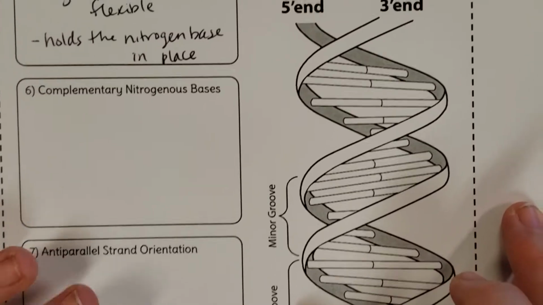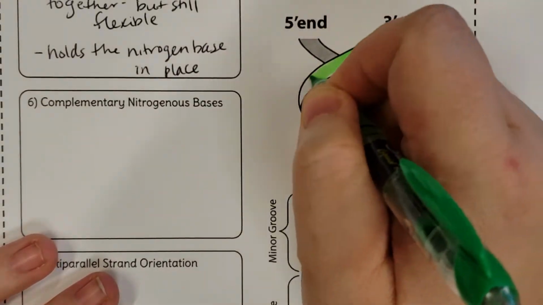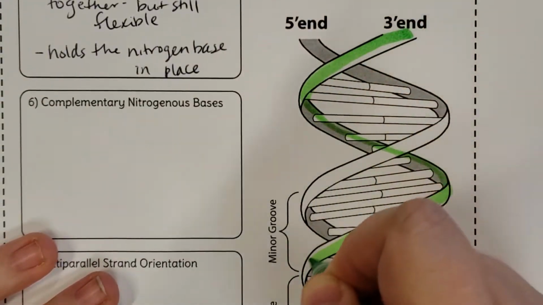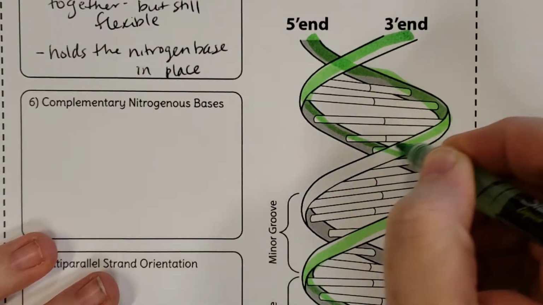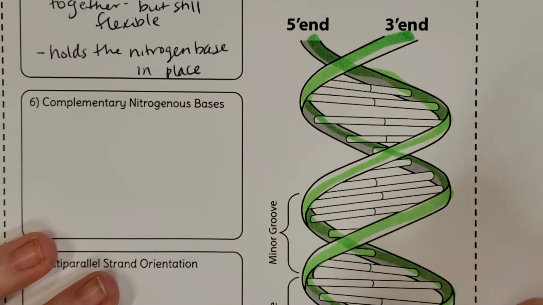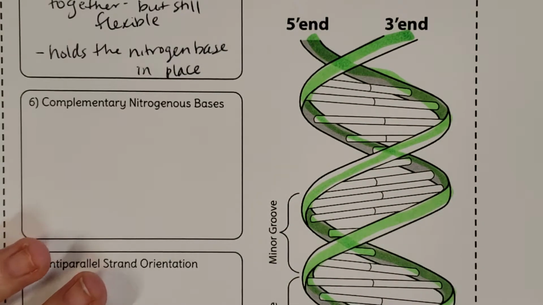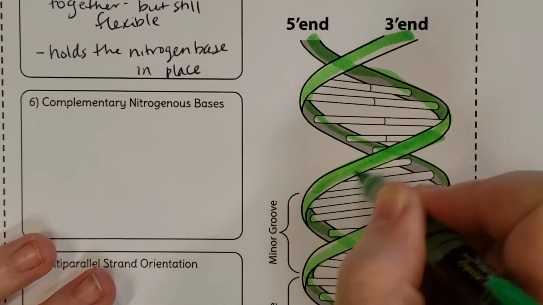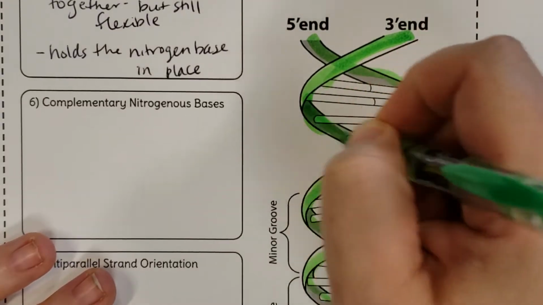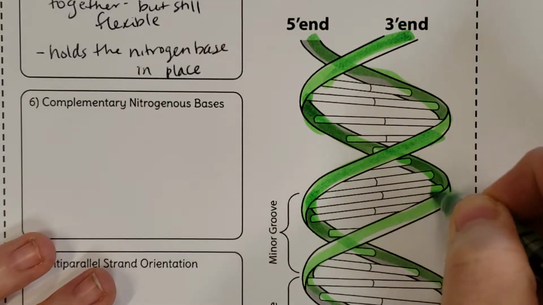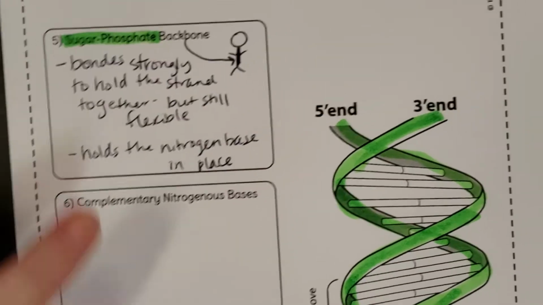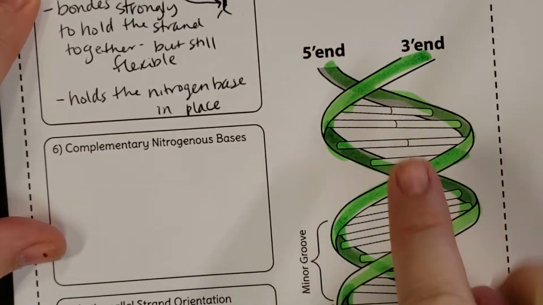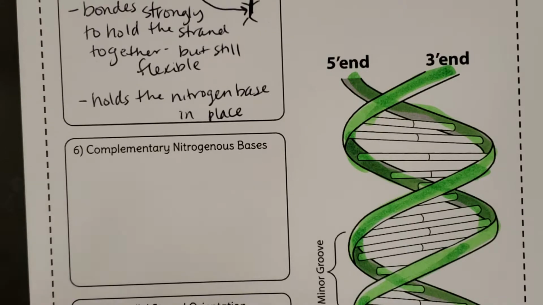And then down here, I want you to color these outside parts green, so you know that when we talk about a backbone in the pictures, this is the part we're actually talking about. It looks like a single part, but it is actually made up of alternating units of phosphate groups and deoxyribose sugars. So when we talk about the backbone, we're talking about these outside parts.